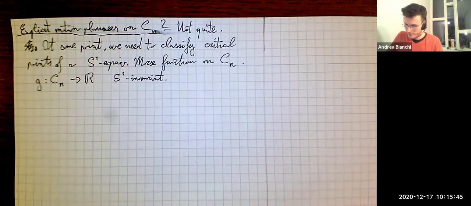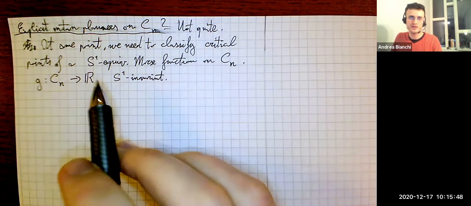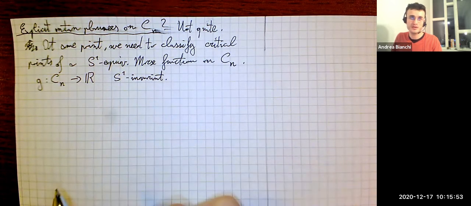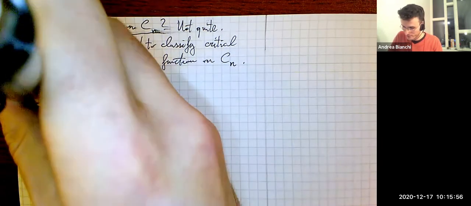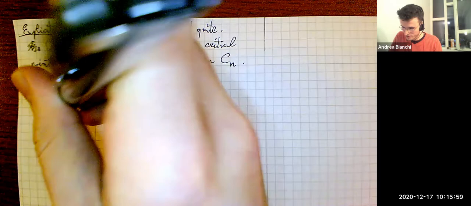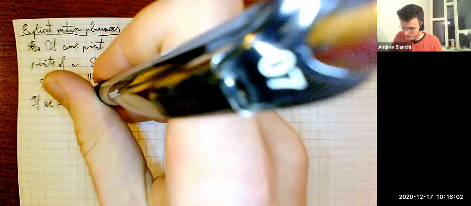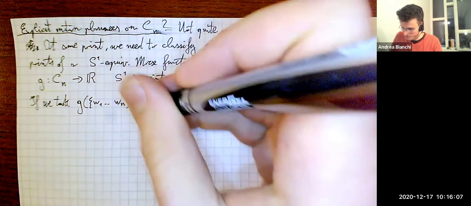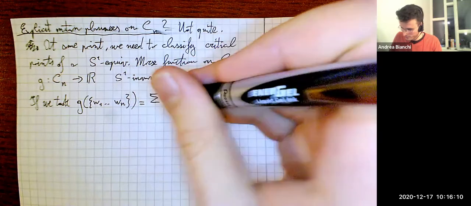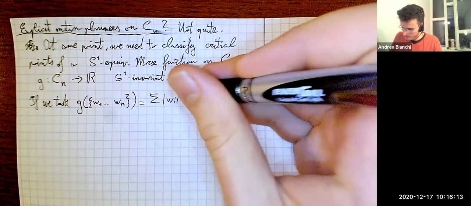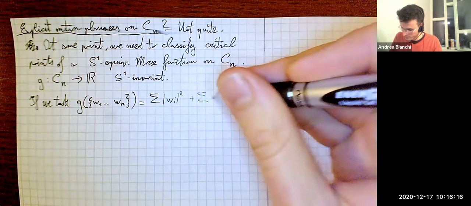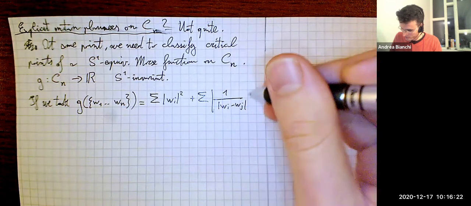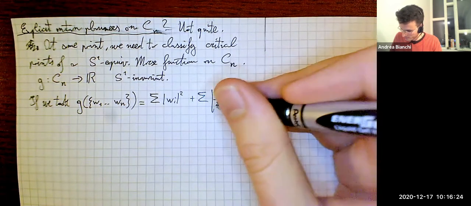And now the problem is that classifying the critical points of such a function is not easy. In particular, if we took g of w1 through wn equal to the sum of the absolute values of wi squared plus the sum of 1 over wi minus wj. Sorry about this.